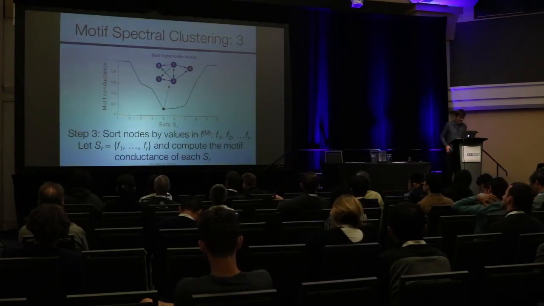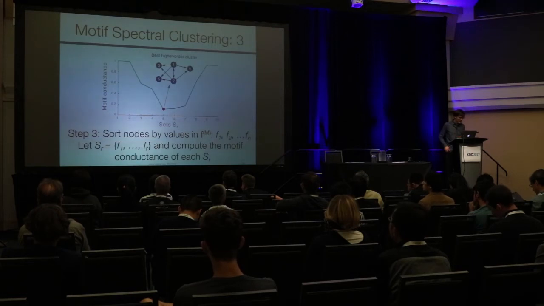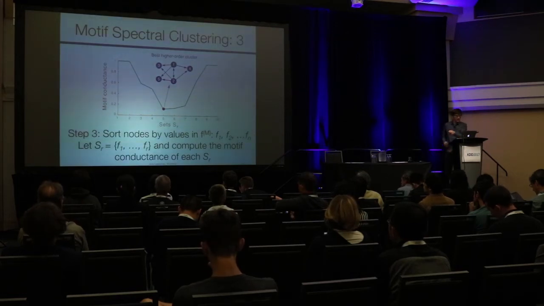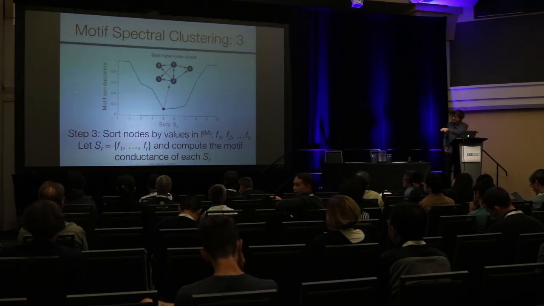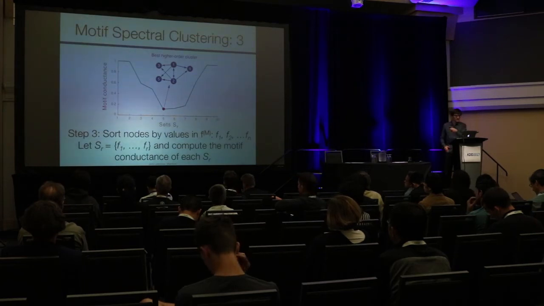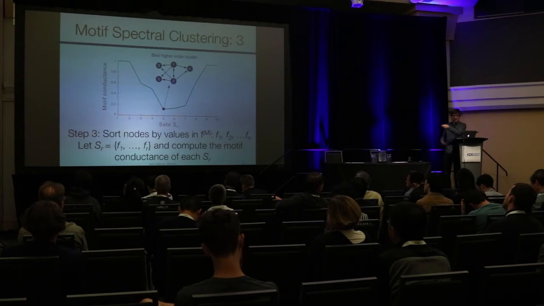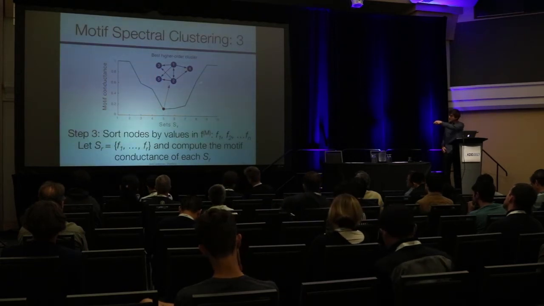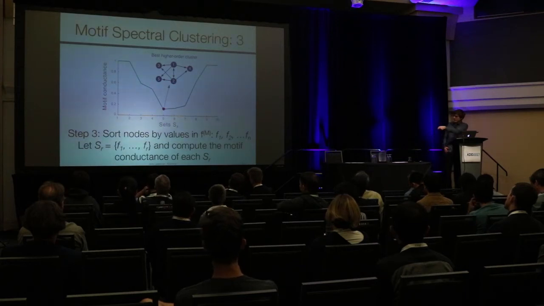And then I can start at the beginning and explore these nested sets, where basically I say, let me take the first R nodes in the eigenvector and proclaim those a cluster, and then ask what is the quality, what's the motif conductance of the first R nodes according to the values of the eigenvector. And now I can keep expanding along the eigenvector and measure the quality of the cluster. Generally these things will look like this, and I'm asking what's the local minimum of this curve. Wherever this curve reaches the local minimum, that's the cluster I detect.